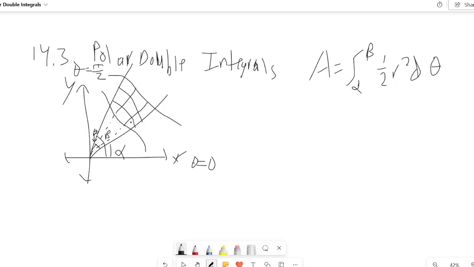So let's just try to establish this conceptually. We're going to take some points here and have r and theta associated with them. And now we're trying to find the area of this region, which we'll call capital R. You're going to have a delta r and delta theta associated with this one.